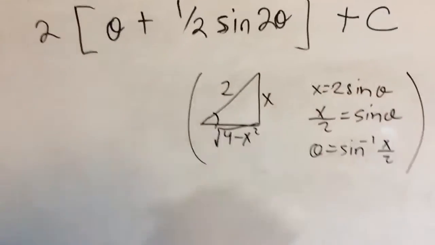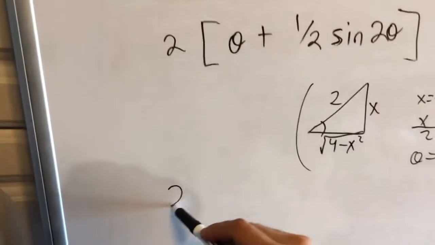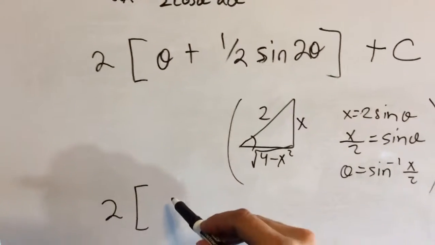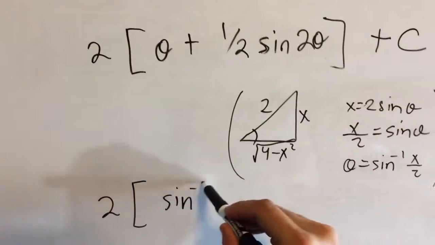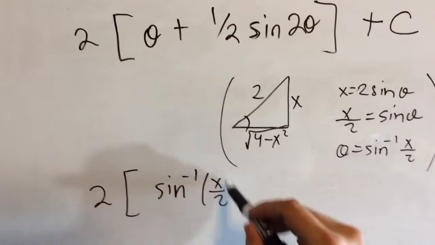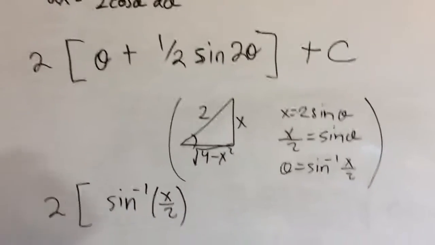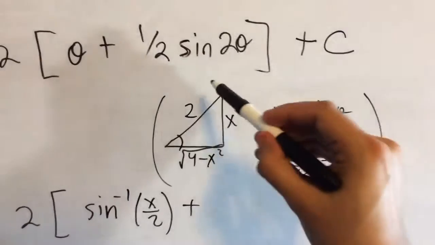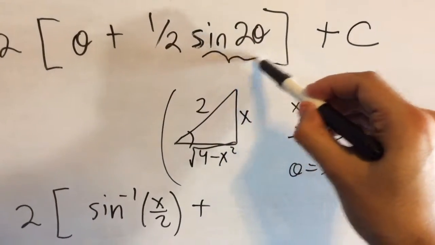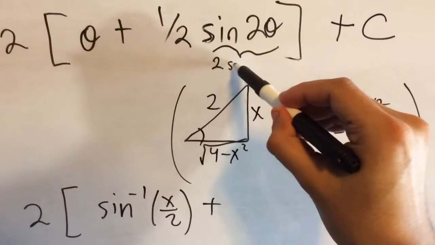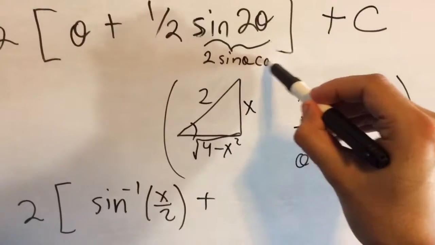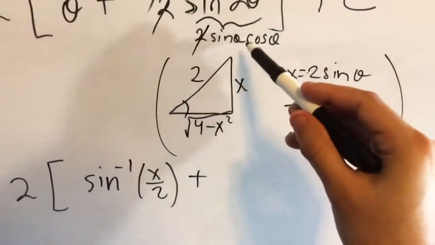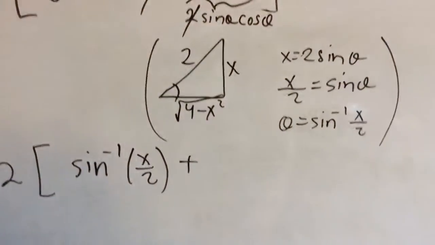Okay, so now we can finish our problem. So 2 inverse sine of x over 2. Now we have plus 1/2 sine 2 theta, but we can also reduce this to 2 sine theta cosine theta, and the 2's will cancel out. So all we're left with is sine times cosine.